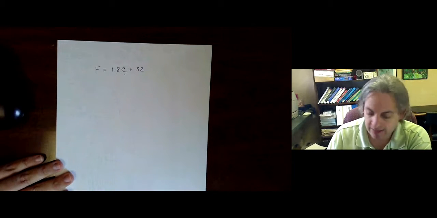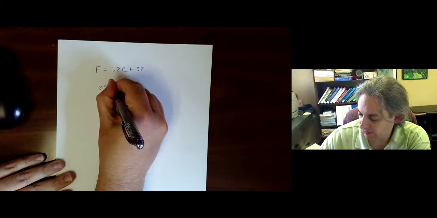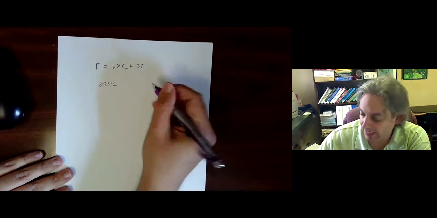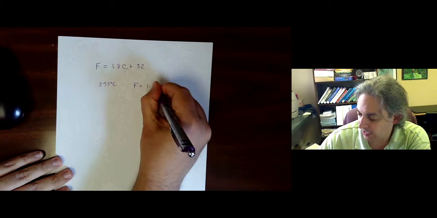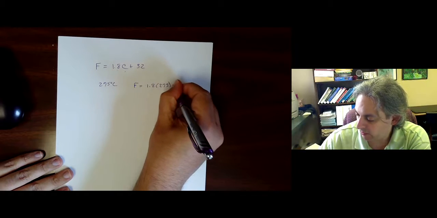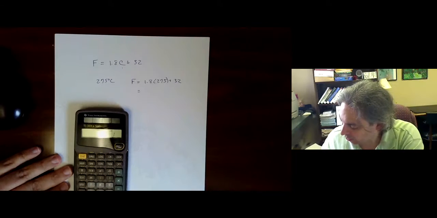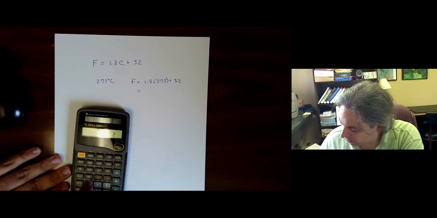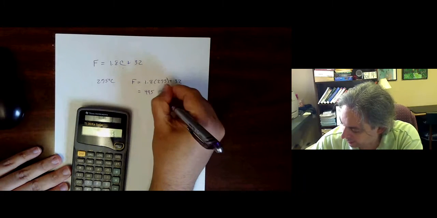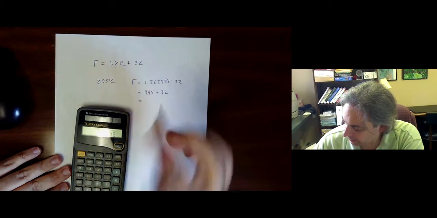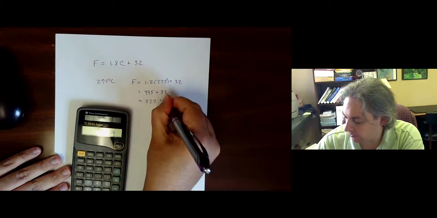Let's say we have a Celsius temperature of 275 degrees C. To get Fahrenheit, we just plug 275 into this formula: 1.8 times 275 plus 32. When we put this in the calculator, 1.8 times 275 is 495. And then we add 32 to that. And so 495 plus 32 gives us 527 degrees Fahrenheit.